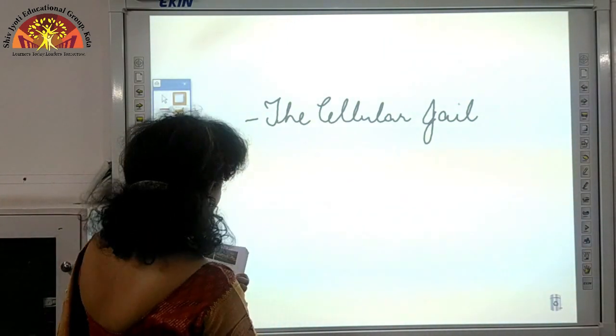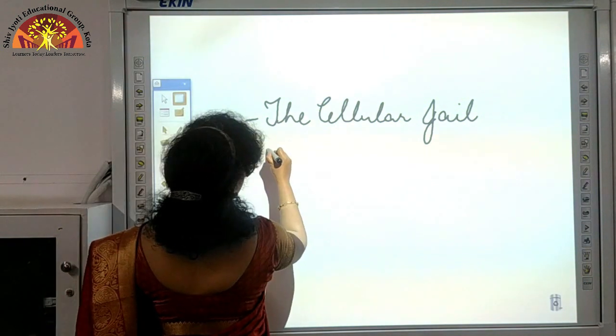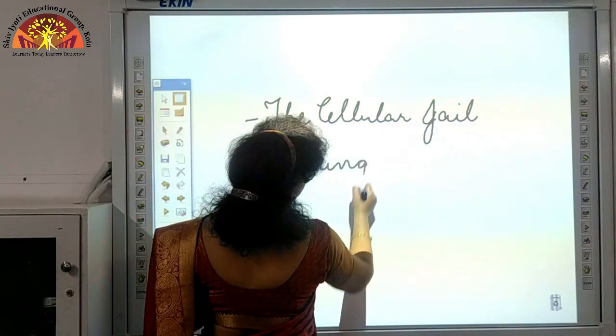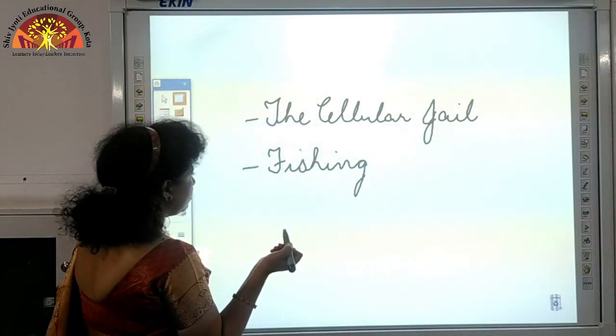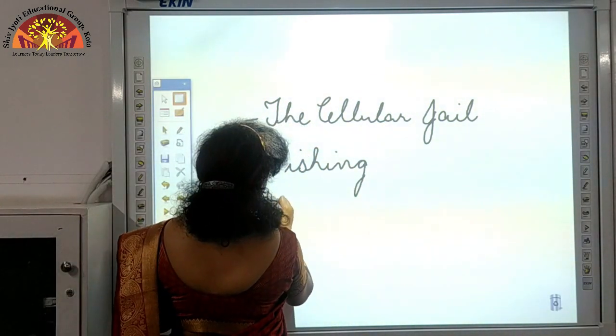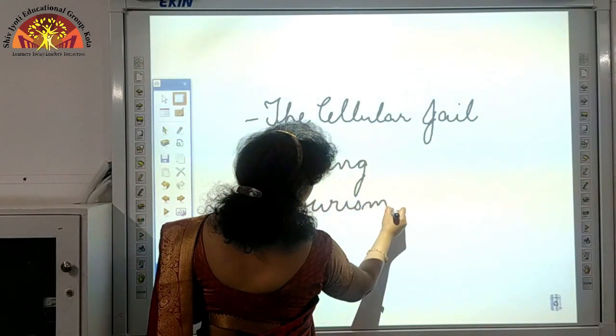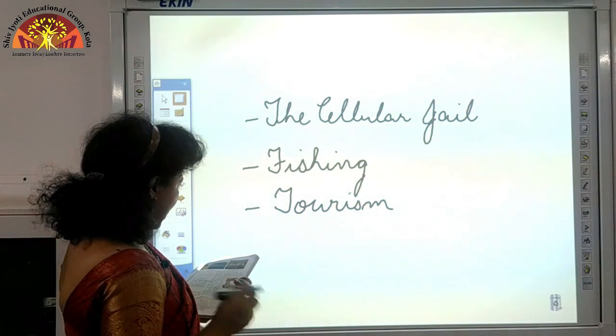Other than this, fishing is also an important occupation because it is located in coastal areas, and tourism is also an important industry here because of its beautiful beaches and islands.